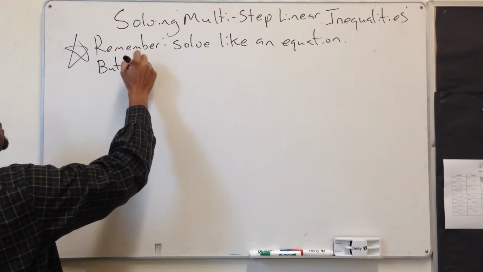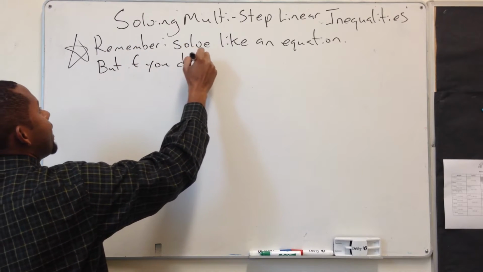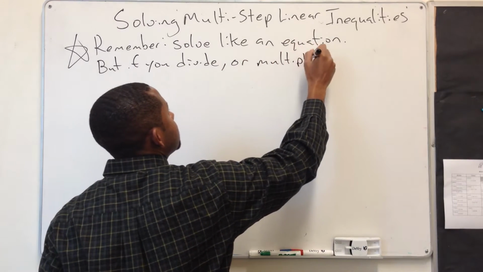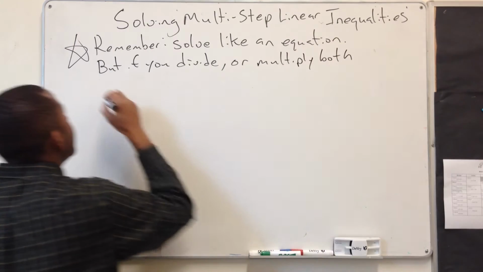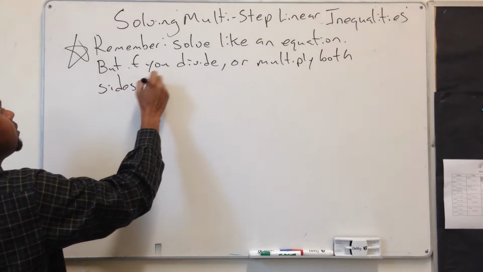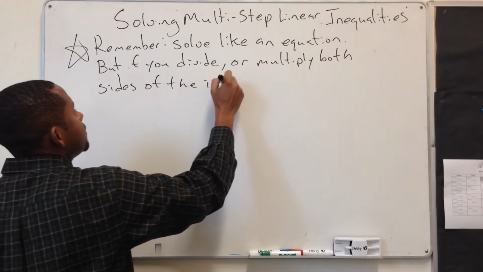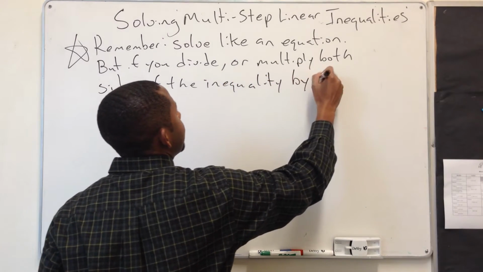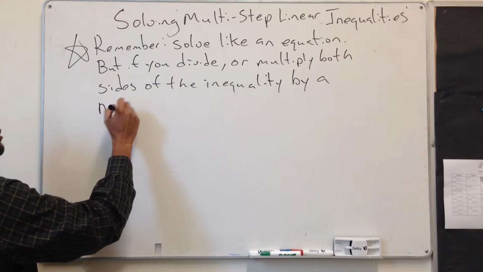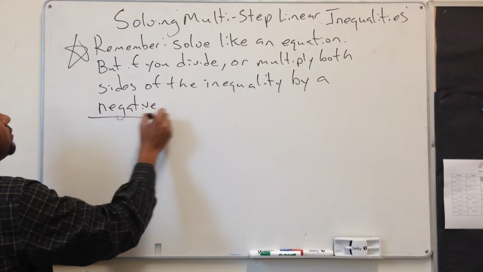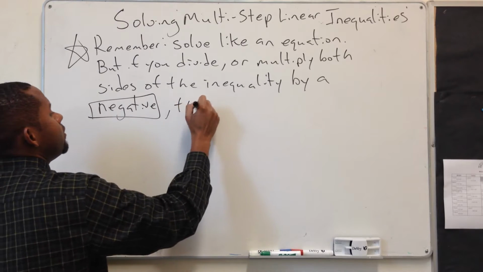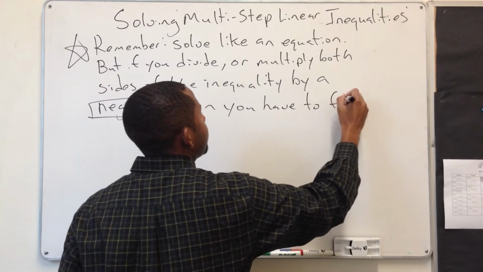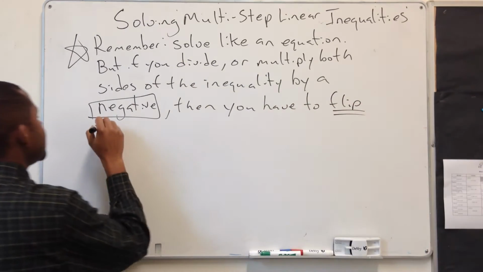But if you divide or multiply both sides of the inequality by a negative, then you have to flip the sign.